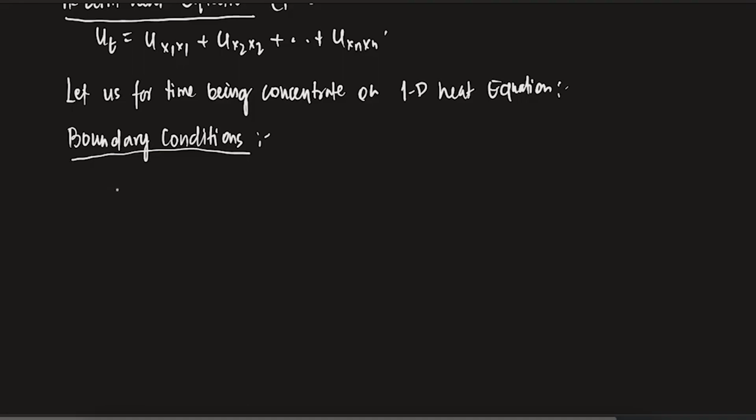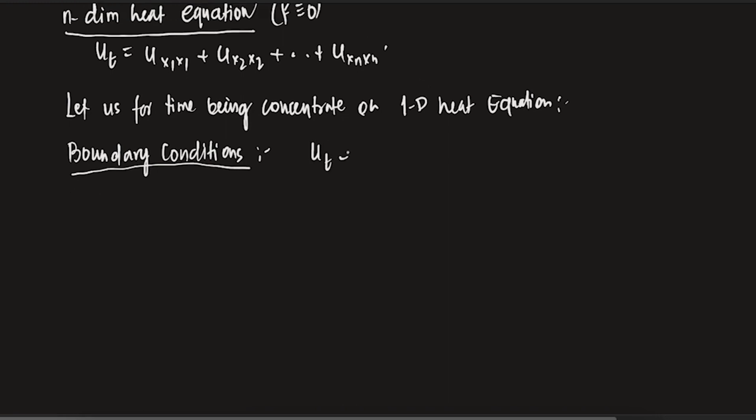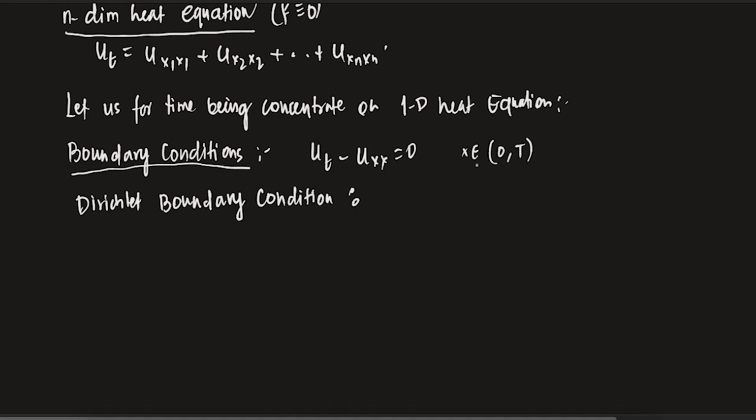First things first, let's write out a Dirichlet boundary condition. I am looking at this equation u_t minus u_xx equals 0, the one dimensional heat equation, and with this I am writing down the Dirichlet boundary condition. What is the Dirichlet boundary condition? The x I am choosing from, let's say, 0 to l.